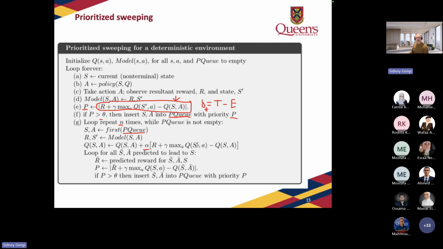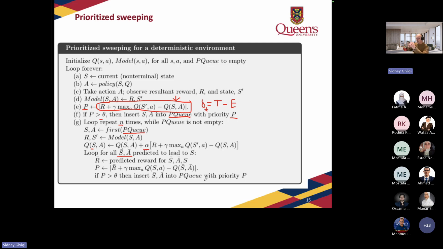But moreover, once we do this update, we are also going to get updates from other states, right? Because now, since we updated S, we need to also consider all the other states that are going to lead to S. And then we're going to do this again.